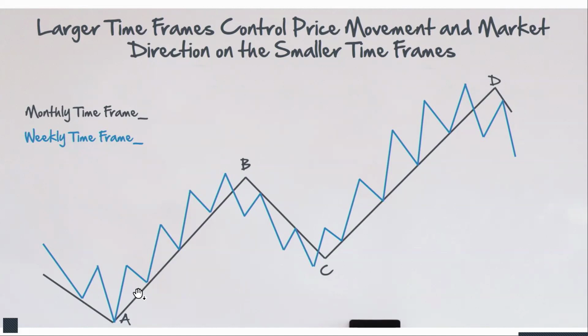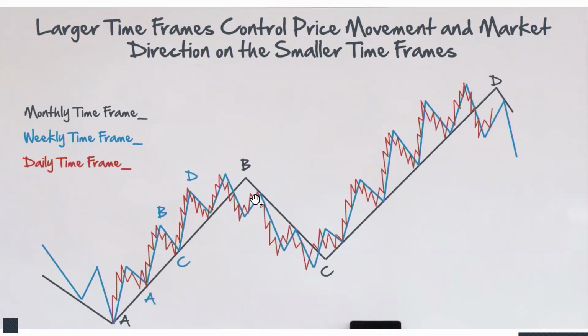You get that? This A, B, C, D that the weekly has already done, the weekly has already completed one game. The monthly is still at the verge of trying to play one game. So if you now add daily onto the weekly, you will see that daily, weekly, monthly all started from the same point.